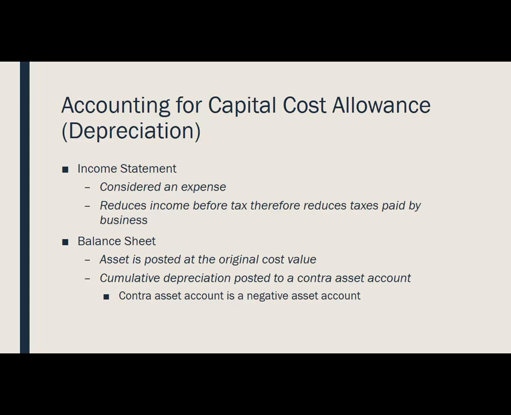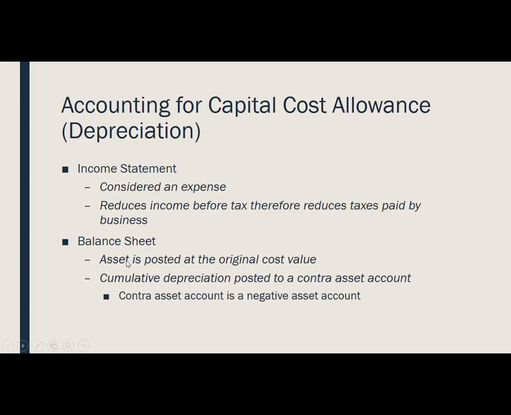So it ends up reducing the taxes paid by a business because it's recorded as an expense, but it's not really there. As we go through more examples with your income statement in your courses, you'll see where that comes into play and how we account for the fact that while this is an expense, we actually add it back because we don't really use that cash.